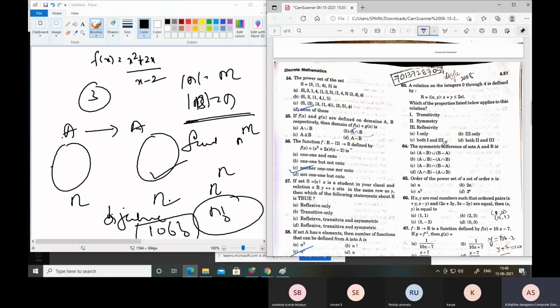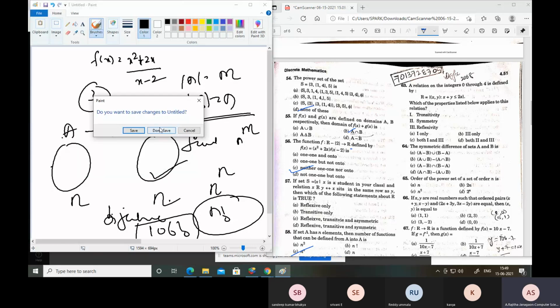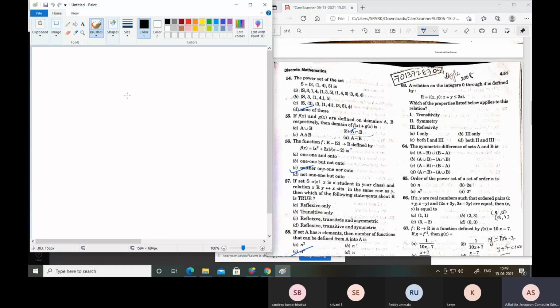Here it satisfies both the transitive property and the reflexive property, because you can see how it is. Suppose the relation is R equal to x, y such that x plus y less than or equal to 2x. Here the set A equal to 0, 1, 2, 3, 4 only.